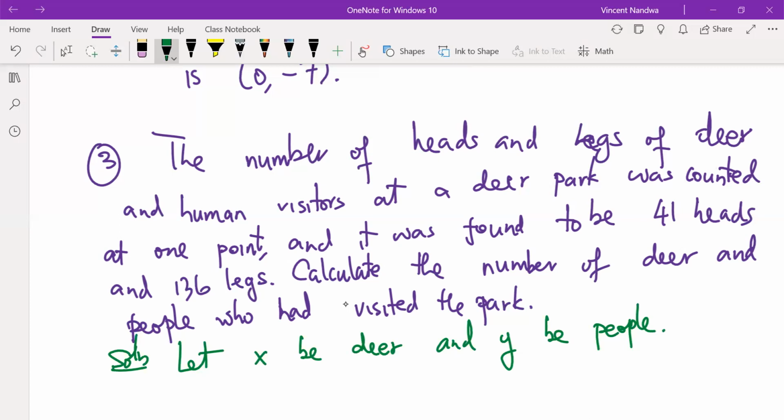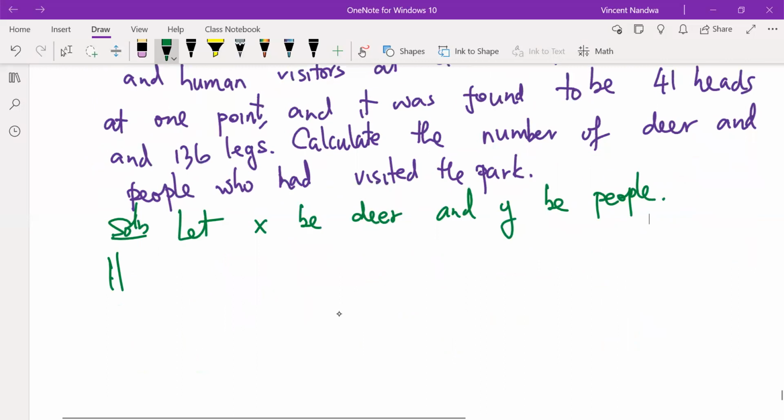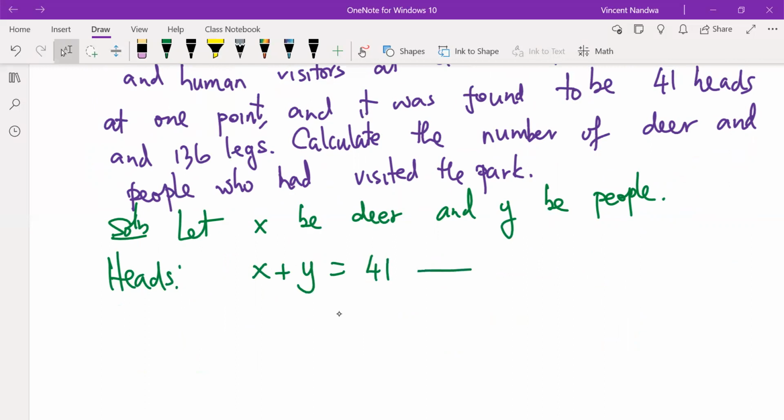Now, if we go to heads, we know that a deer has one head and each person has one head. If there are total 41 heads, then it means that X plus Y should give us 41. You call that one equation 1.